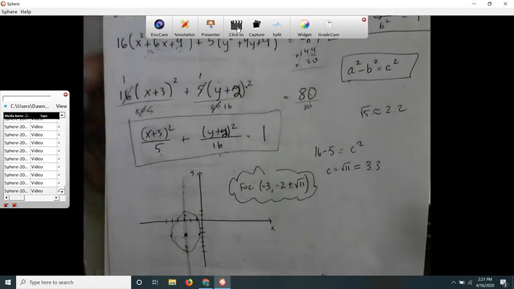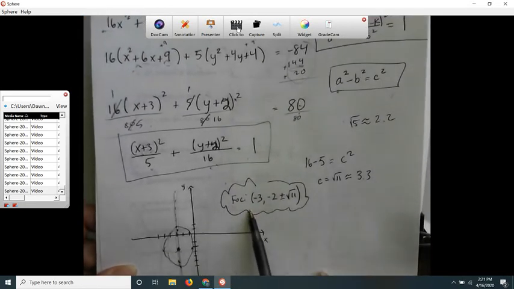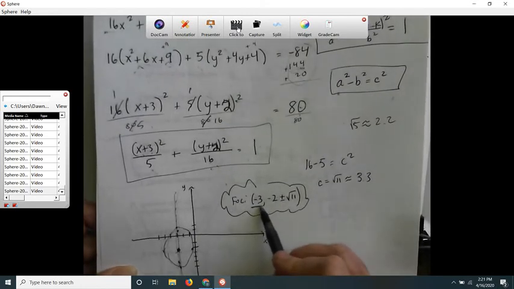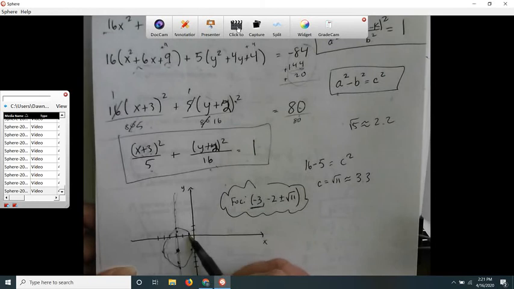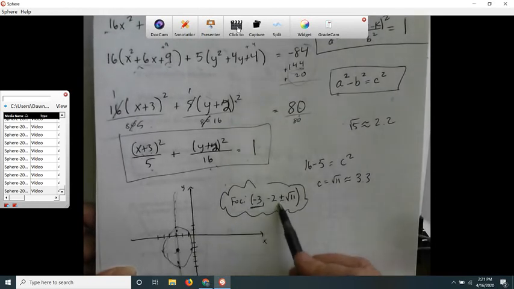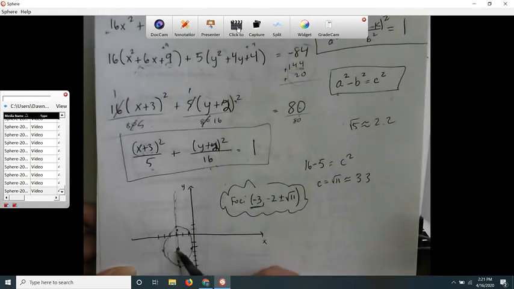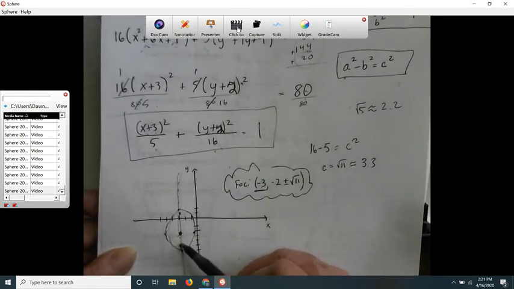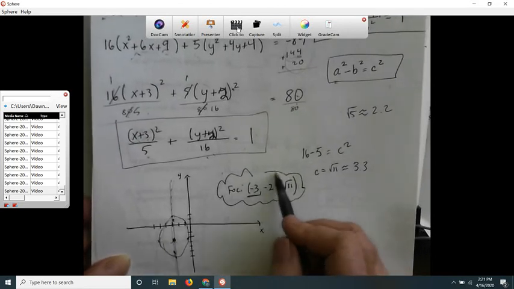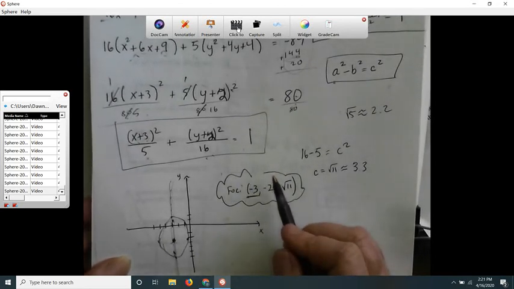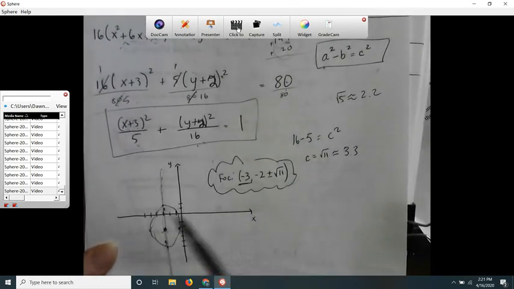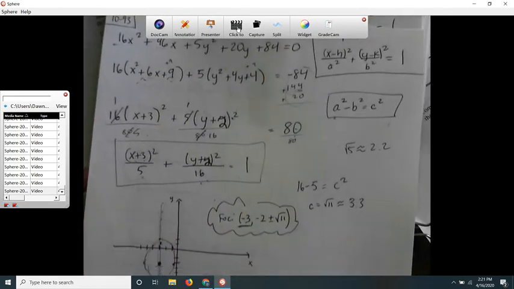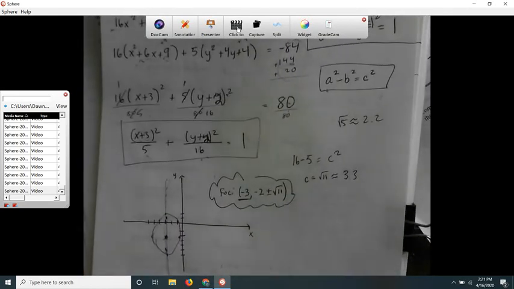And then so when I label it, my x coordinate is going to be -3, but my y coordinate is going to be -2 plus root 11, that's this one, and -2 minus root 11, that's this one. So you have to give that information. This one doesn't have any asymptotes or anything. So it's a long chore to do all that. Part 2, we'll do a hyperbola.